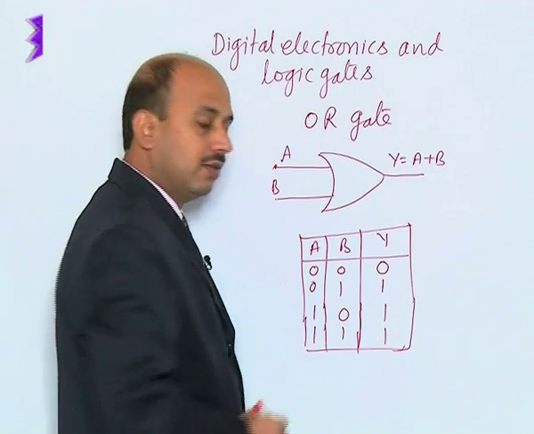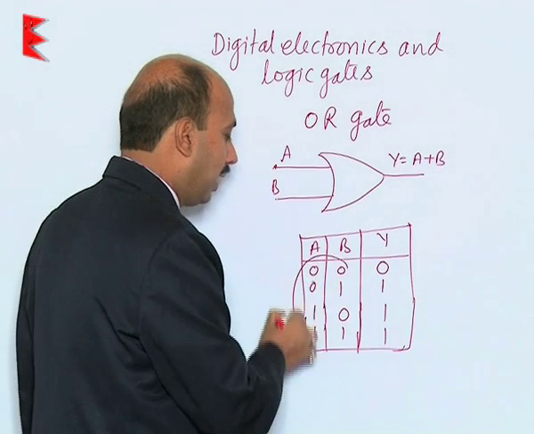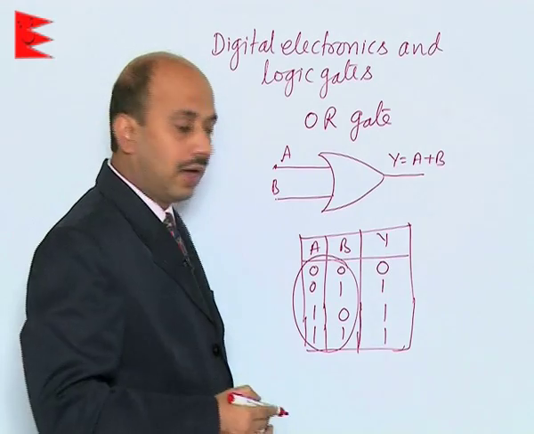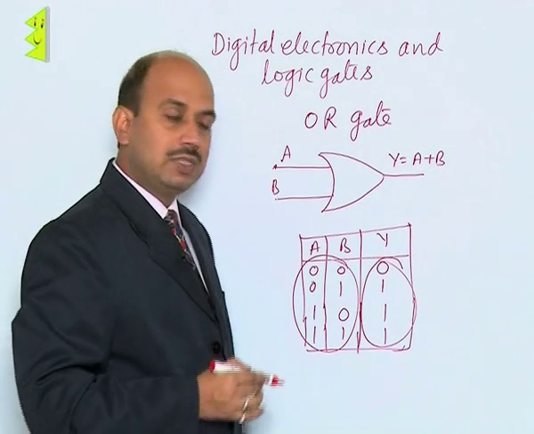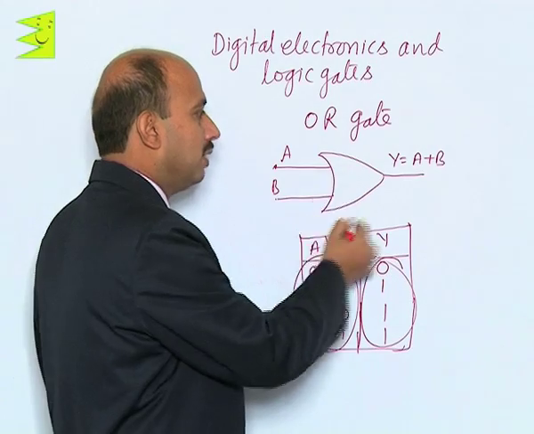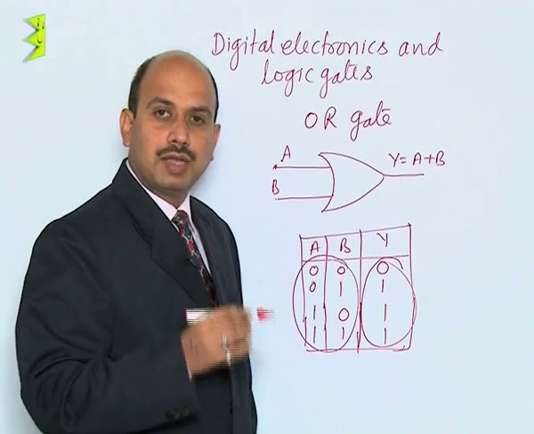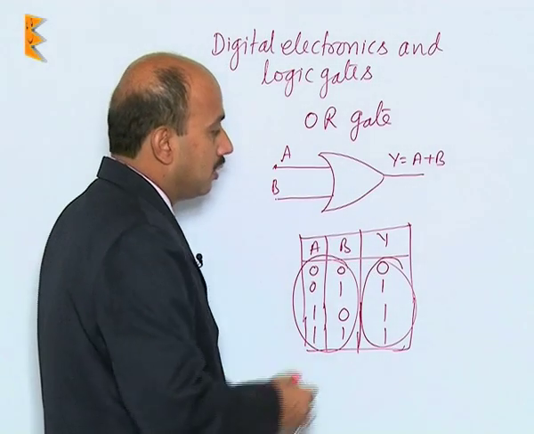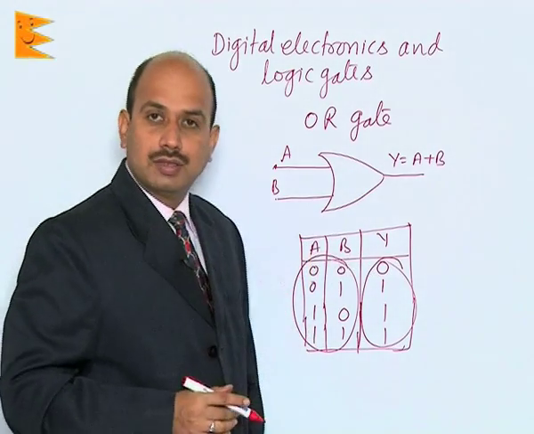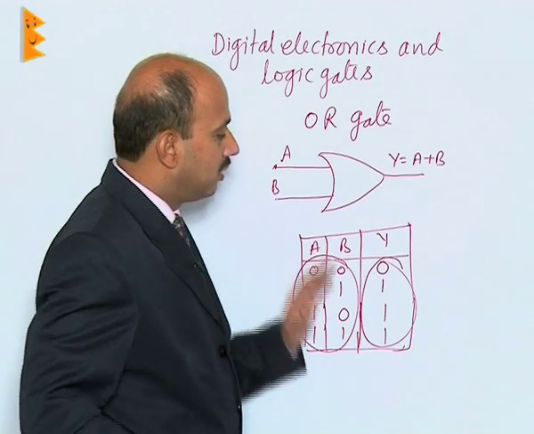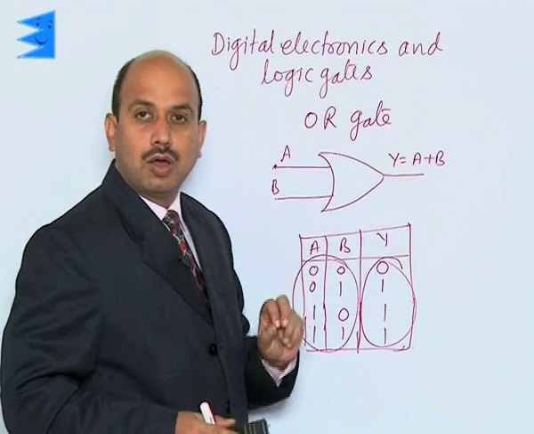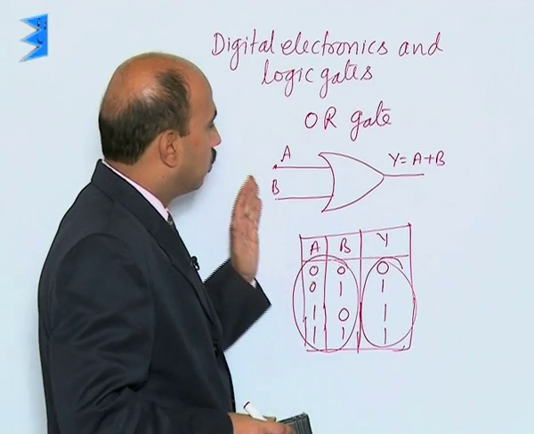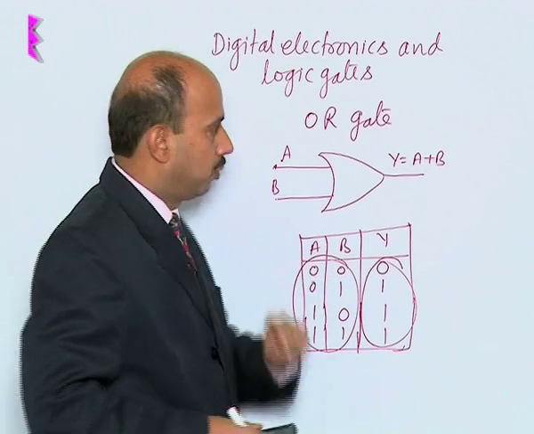So in this case these are the 4 possible values for the input, and this is the output we are getting. This type of logical relationship is performed by this circuit consisting of diodes, and this gate is known as the OR gate. So the first logic gate is the OR gate, that is Y is equal to A or B. There are two inputs but one output.